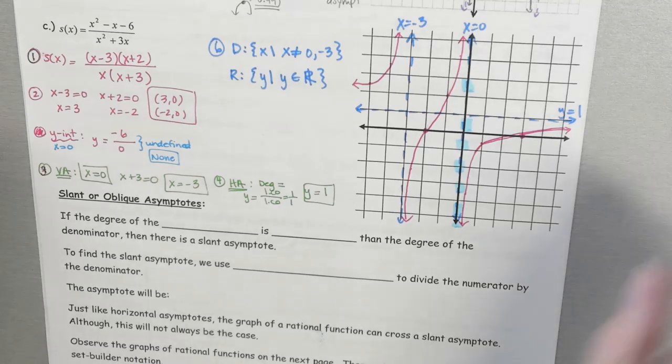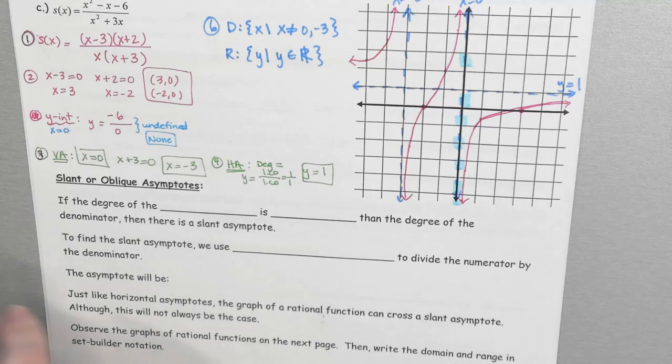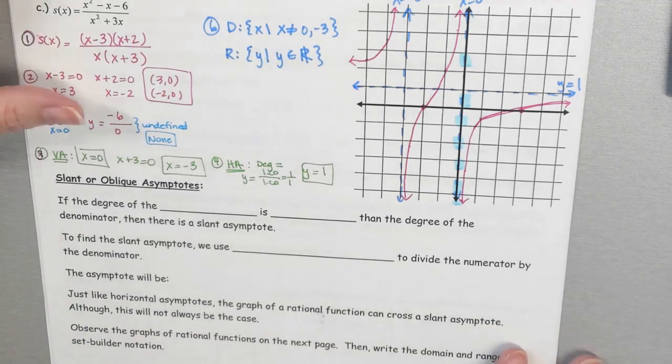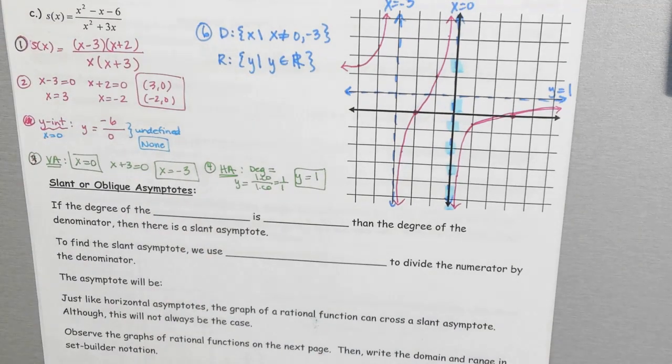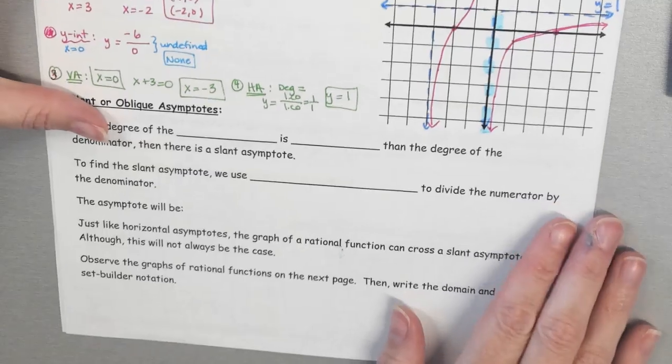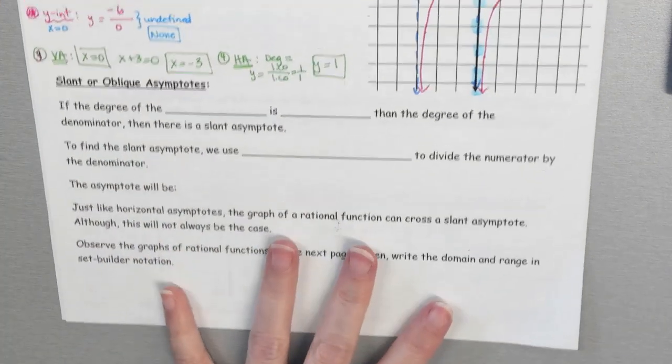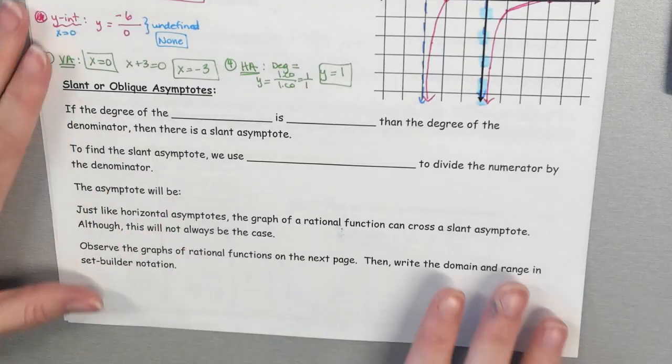Okay, and we're going to talk about those different types of domains and ranges today, so you have a guide to help you depending on what your graph looks like, because we've already seen 3 different types of rational functions here. We have this one, and this one, and they were all different. Okay, and it's all dependent on their degrees.